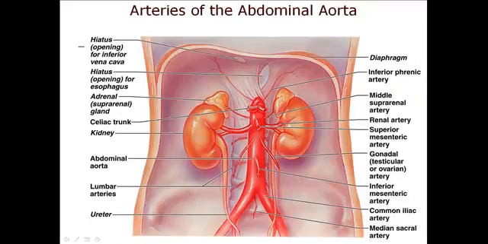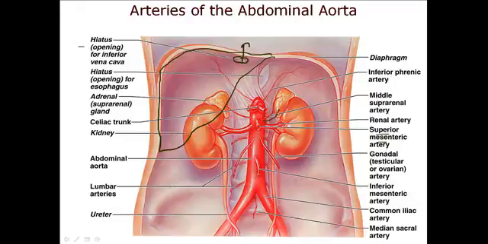Okay, here's what it looks like. Here's the diaphragm. This is where the inferior vena cava will go. Assemble it up this way. Your liver goes like this. So here's your celiac trunk right here. That's the first one. The second one is superior mesenteric. Then you have the suprarenals.